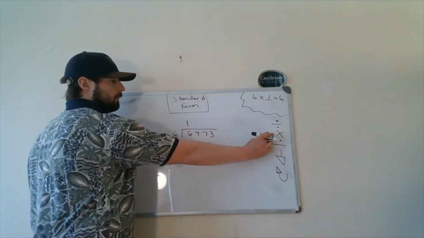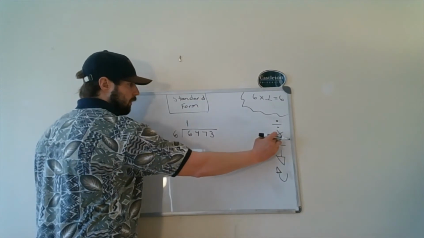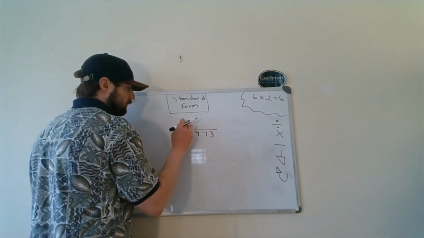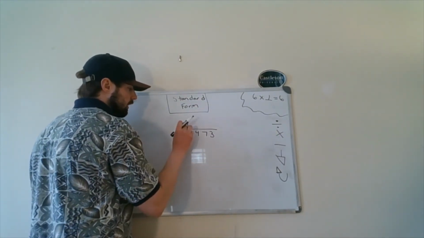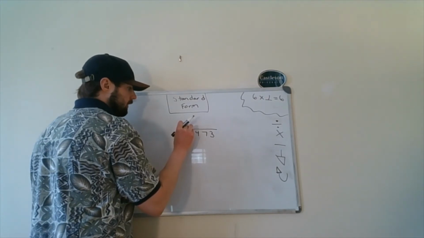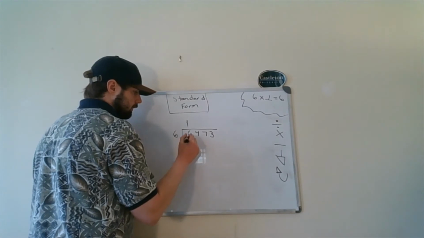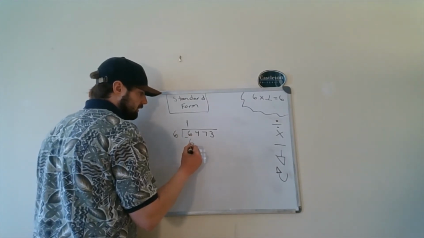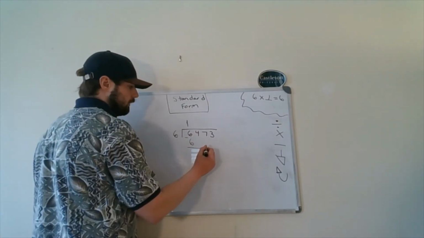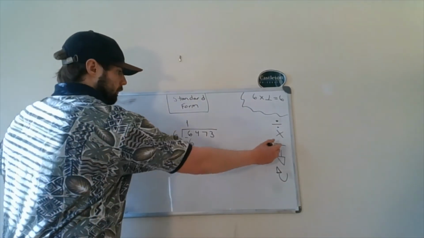What's my next step? I divided. I multiply. Need to multiply my 1, my partial quotient, the start of my quotient, times my divisor. 6 times 1 is 6. We knew that. We subtract.